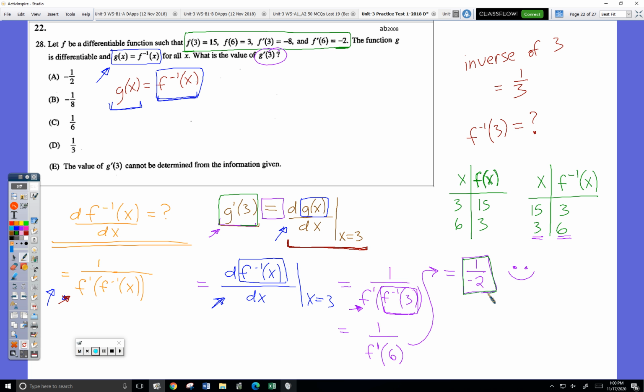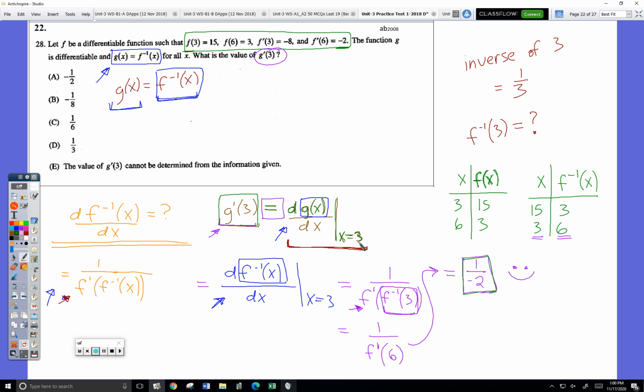So are you comfortable, Cambria, that they wanted us to find G prime of 3? Awesome. Are you comfortable, now this part you do have to just pull out of your head, that G prime of 3 means exactly the same thing as finding the derivative of G first, and then once the derivative of G is found, you're going to plug into that 3.